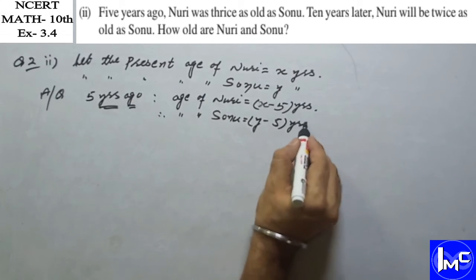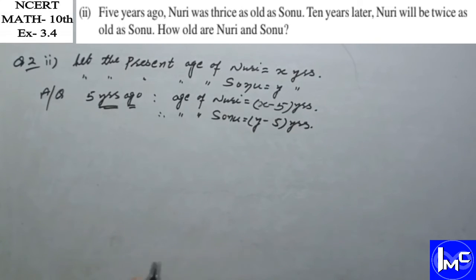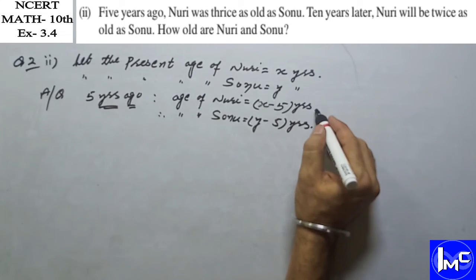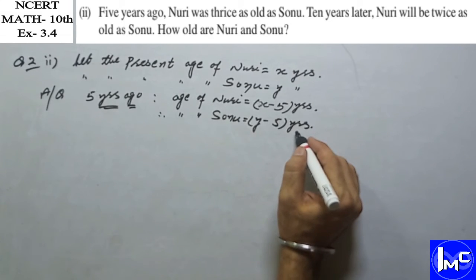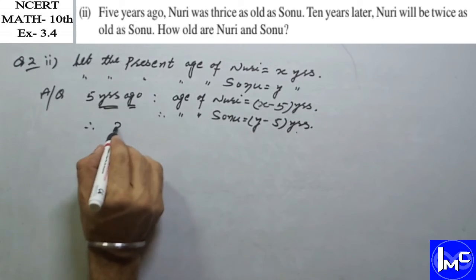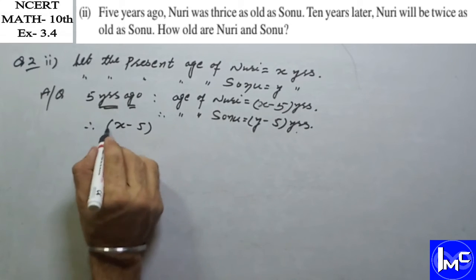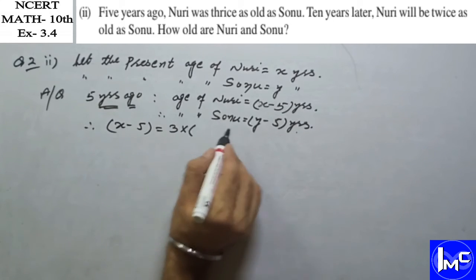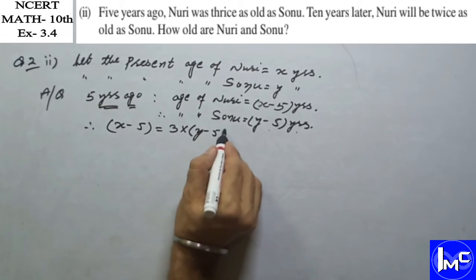And what is the relation of their ages at that time? 5 years ago Noori was thrice as old as Sonu, so x minus 5 is 3 times the age of Sonu, that is y minus 5.